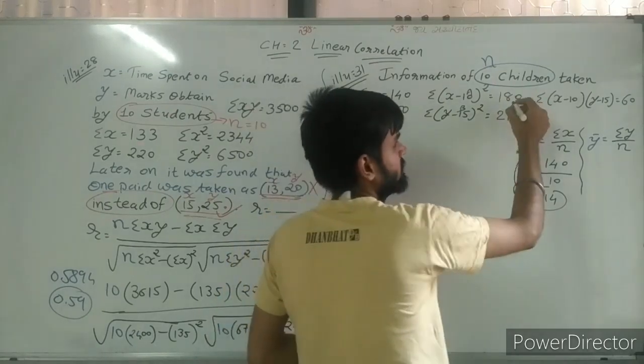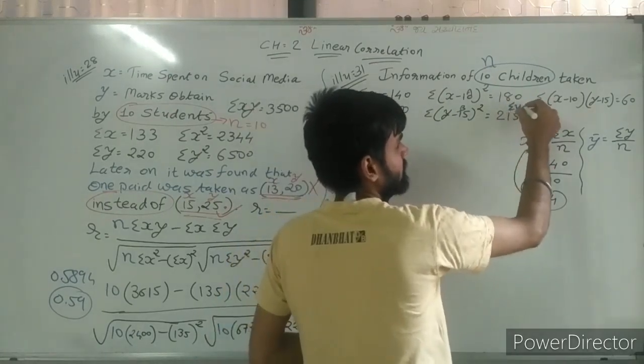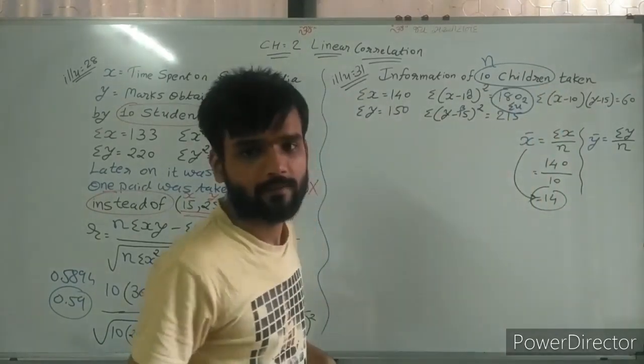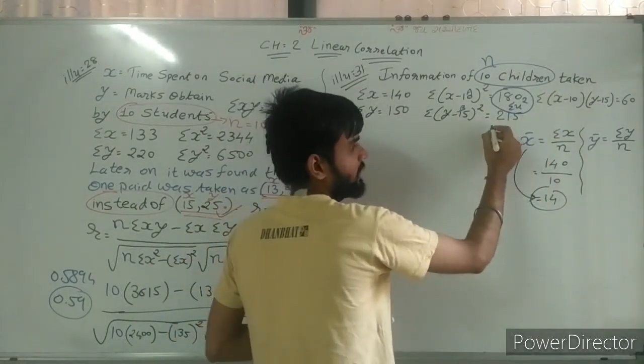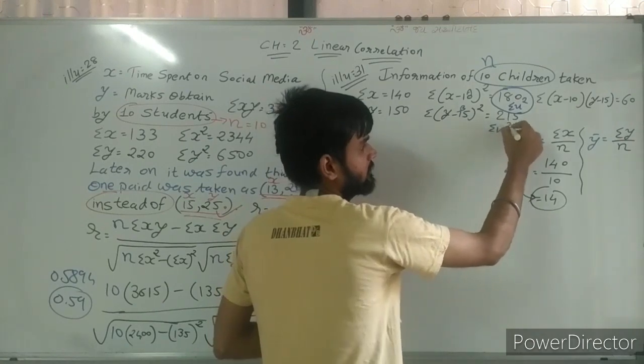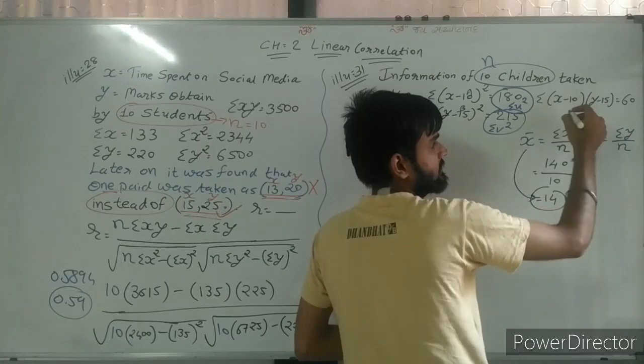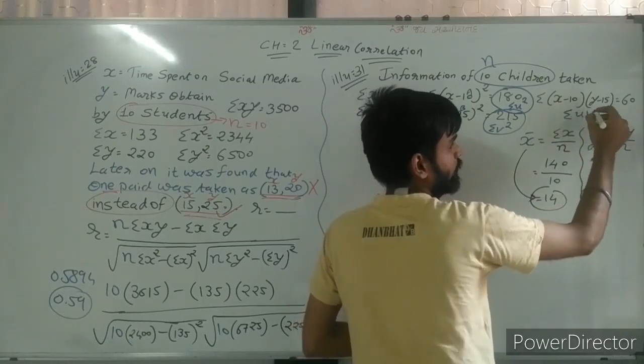So we can say here, this is sigma u square, this is sigma v square, and this is sigma uv.